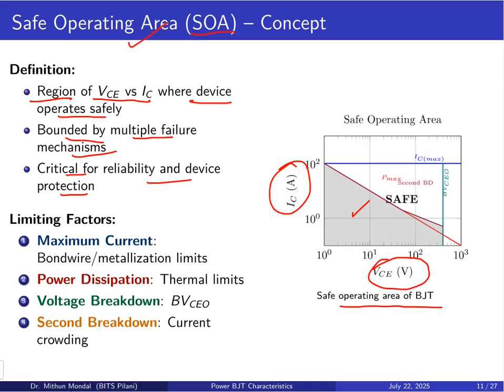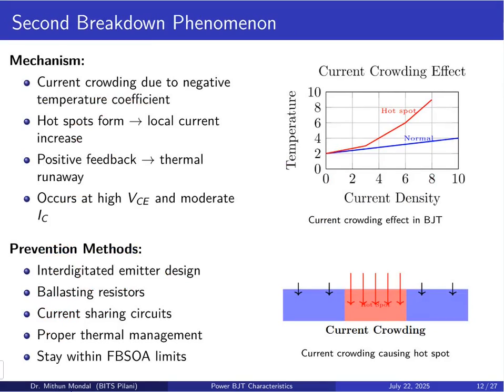The limiting factors depend upon the maximum current, which depends upon the bond wire or metallization limits; power dissipation, which is limited by thermal considerations; the highest collector to emitter breakdown voltage; and the secondary breakdown due to current crowding. The safe operating area is what we need from the datasheet, so that we know where the BJT has to be operated so that it doesn't fail.